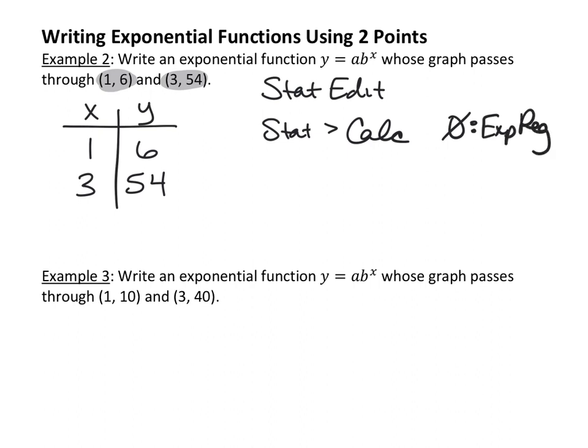It's like an arrow to the word calculate. When we've done this before in the fall, we used options 4 and 5 for linear and quadratic regressions. But now we're using them for exponential regression, so we have to change the number we're using to the number 0.